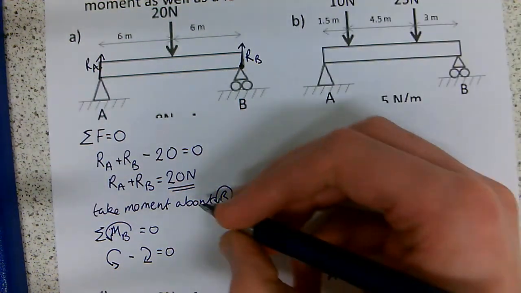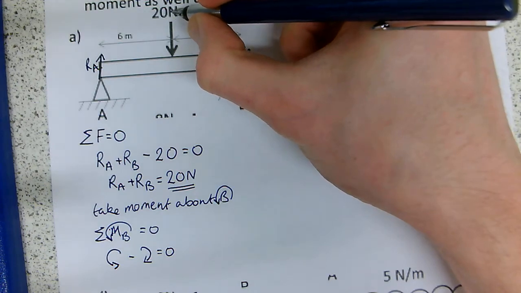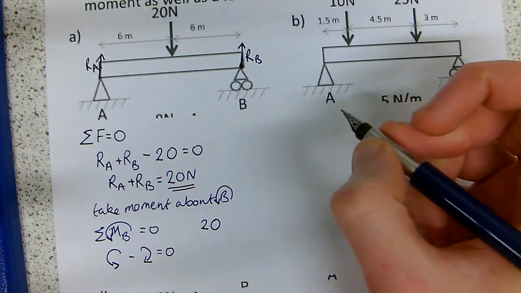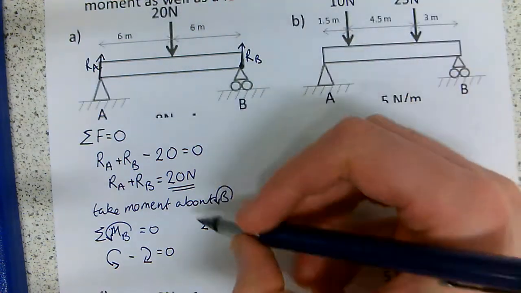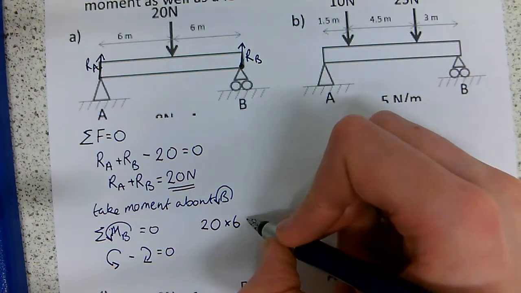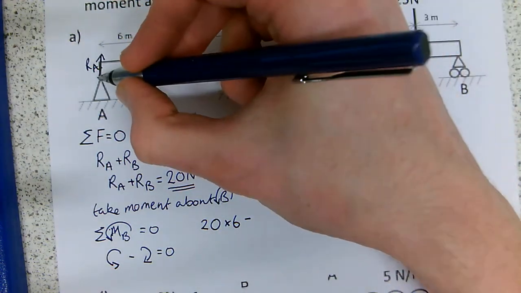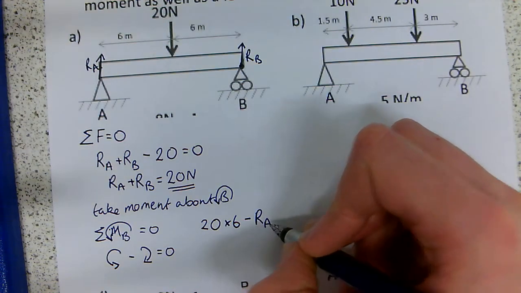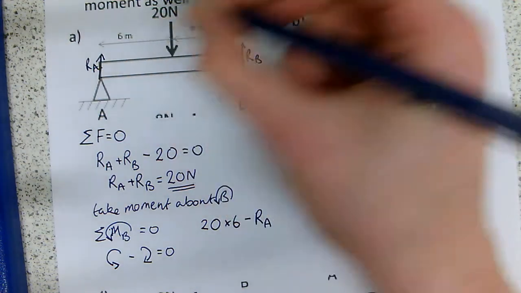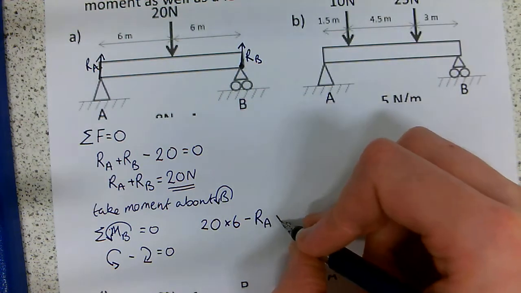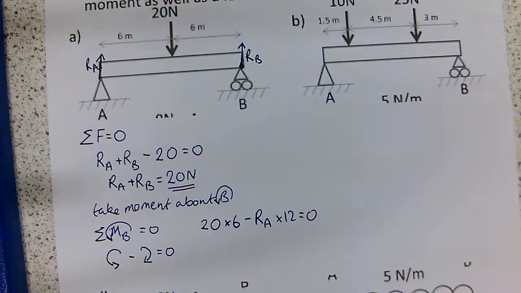The anti-clockwise moment here is going to be caused by this 20 newtons, and if it's a moment, it is the force times the distance, so that's 20 newtons times 6. Take away. Now our clockwise moment is going to be the reaction at A times its lever arm. Now here we can see it is 6 meters plus 6 meters, which is 12 meters. We know they're both equal to 0.